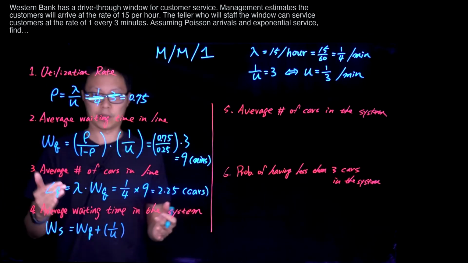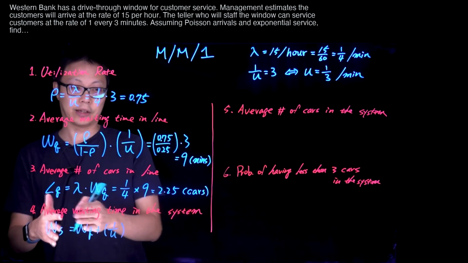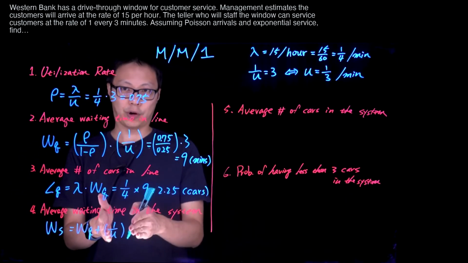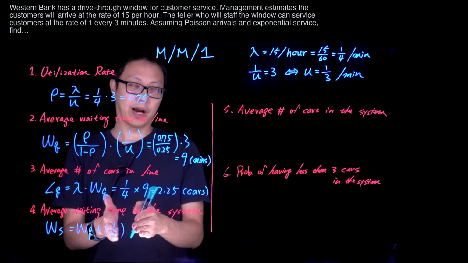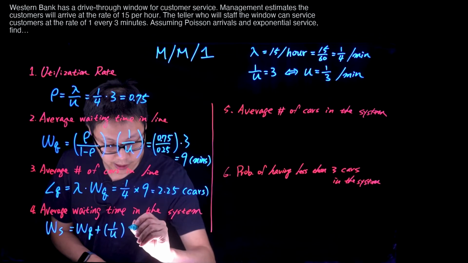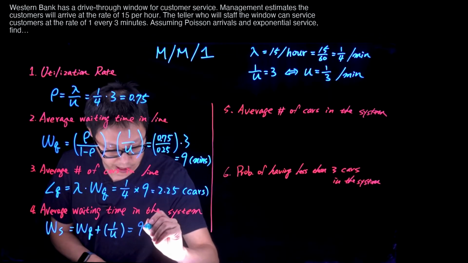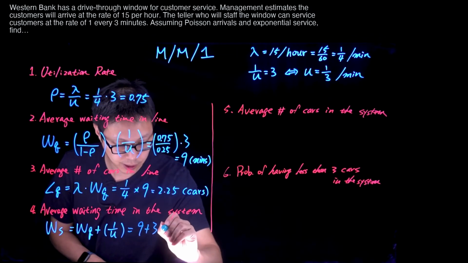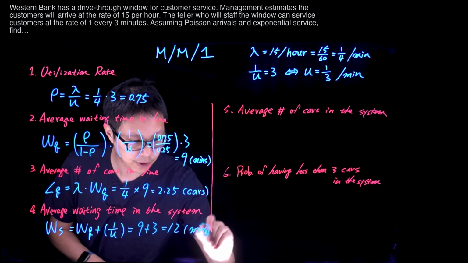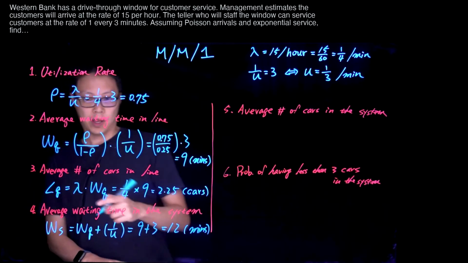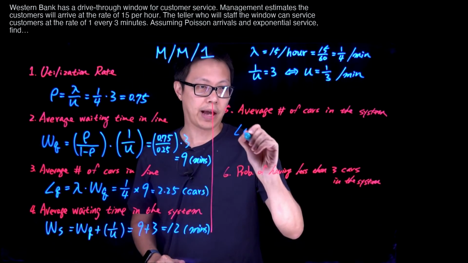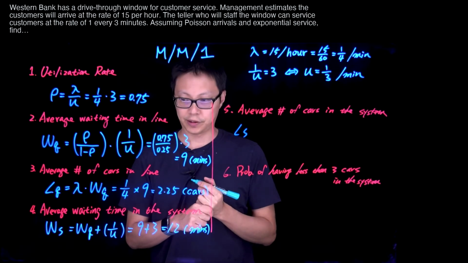This makes sense because your average waiting time in the system will be your average waiting time in the line plus the average time you get served by the server. So in this case, I have 9 plus 3, which is 12. The unit is minutes.